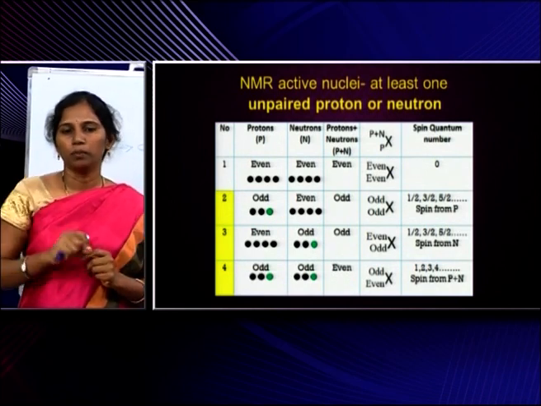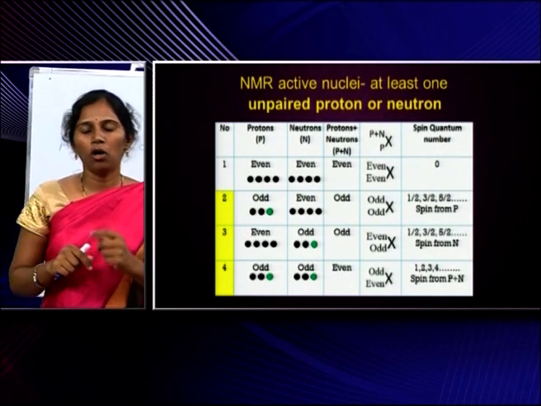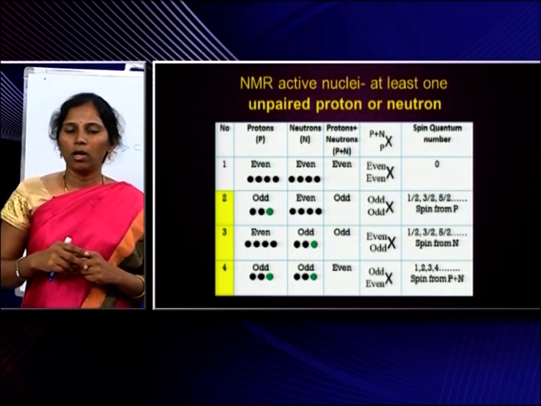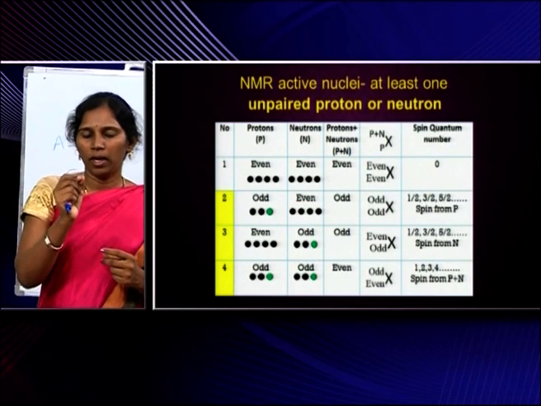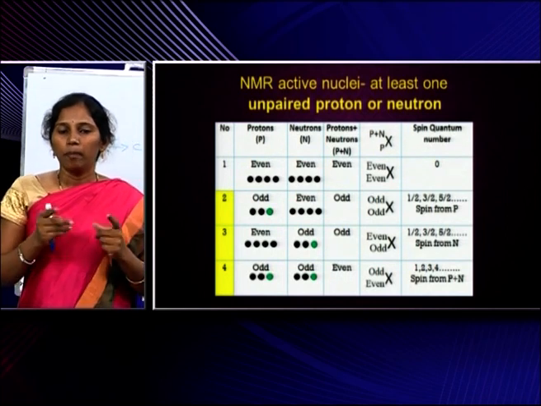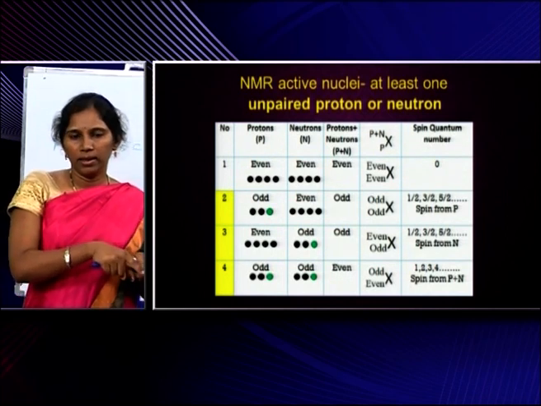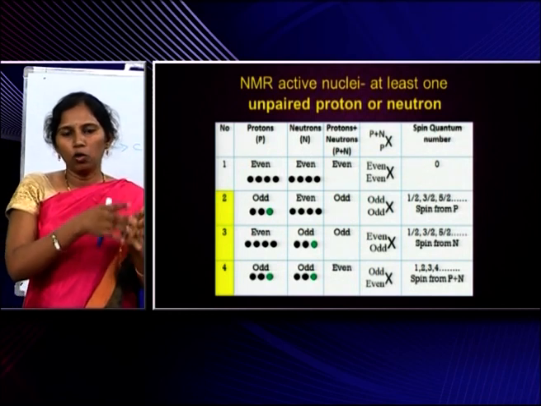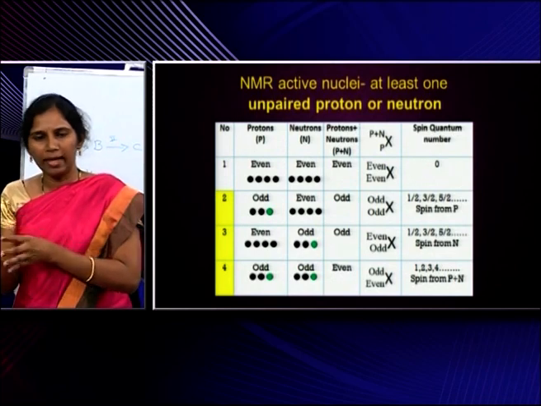And if you take case 3, the even-odd combination, here you may get a doubt, because here the unpaired particle is a neutron, which does not have a charge. But initially I was telling that only a charged particle produces a magnetic field.